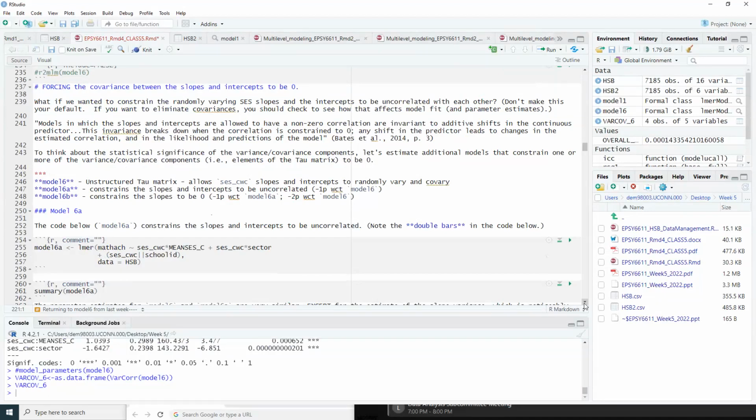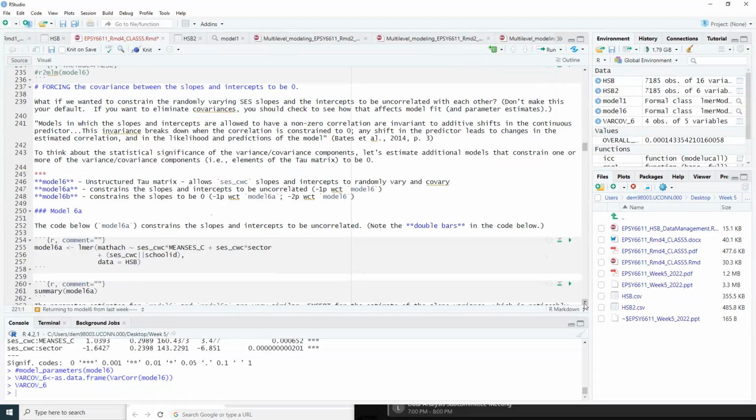Imagine centering somewhere where the covariance is actually close to zero. Then maybe the model fit would be similar across those two models. But in another model, maybe the covariance is quite large, and so when you constrain it to be zero, the fit of that model gets much worse. That's kind of crazy if you think about it.